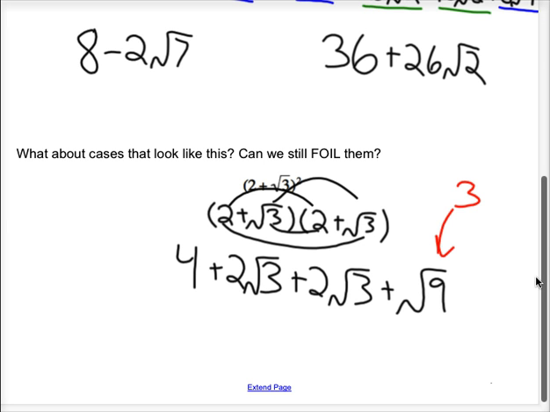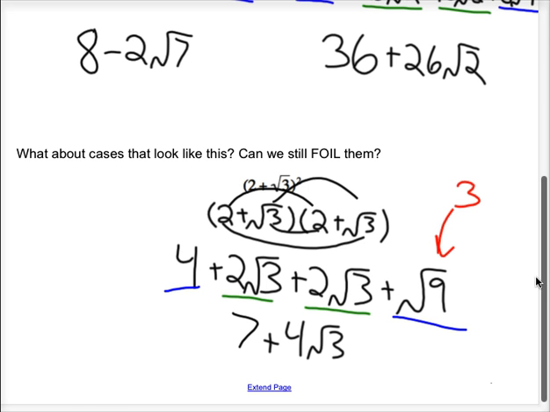So when we go to simplify this, to combine like terms, 4 plus 3 gives us 7. Then 2 square roots of 3 plus 2 more square roots of 3 is going to give me a total of 4 square roots of 3. And that's where we end with that one.